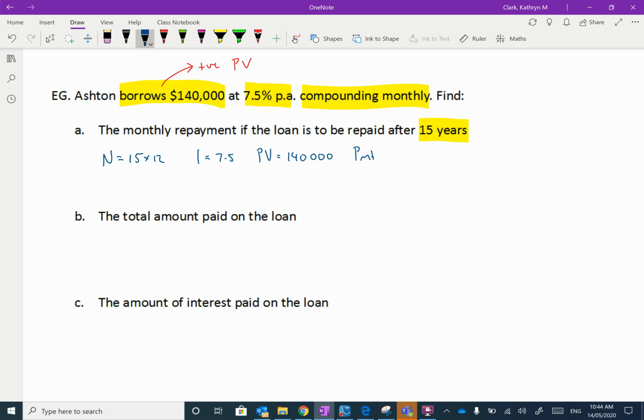Payment, I don't know. If the entire loan is repaid, that means that I owe nothing on it. And the payments per year and the compound periods per year is monthly. So I'm going to solve for my payment.